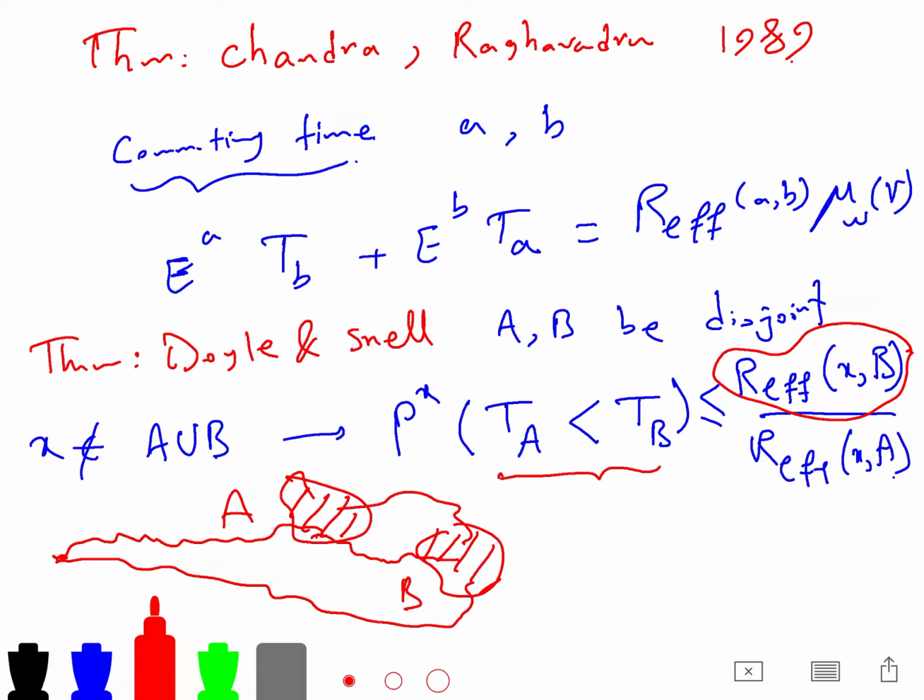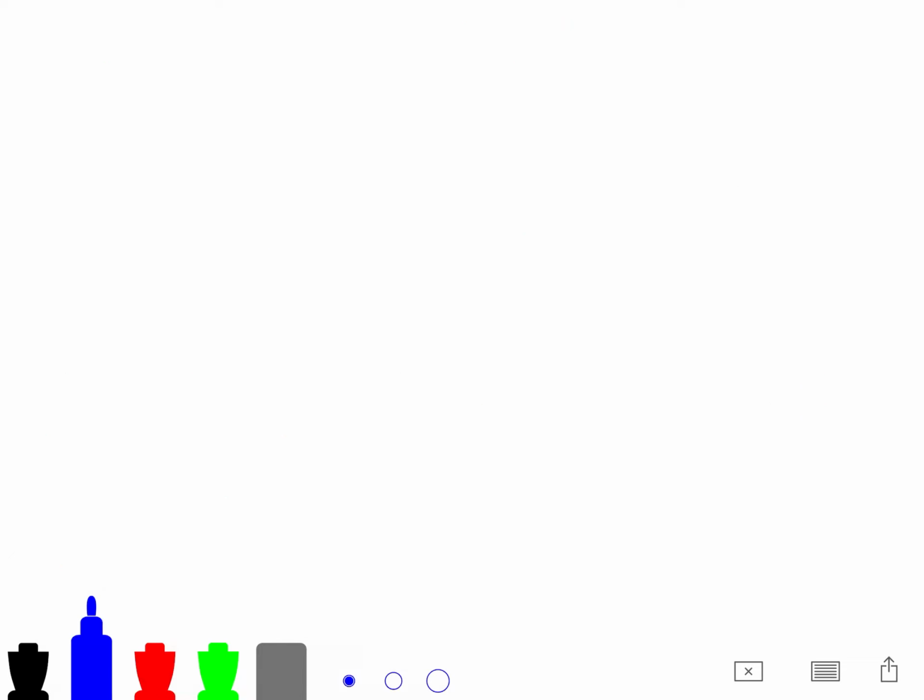So we hit B and then we hit A. So it is upper bounded by the effective resistance between that x and B. Isn't this beautiful? It is so beautiful, because we are now trying to give some qualitative intuition.